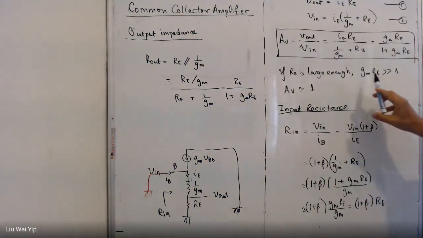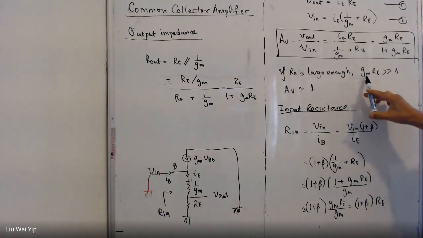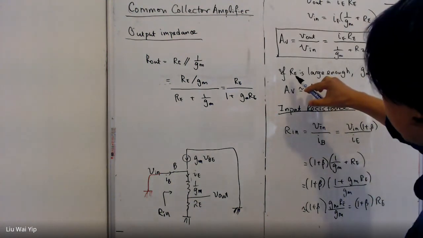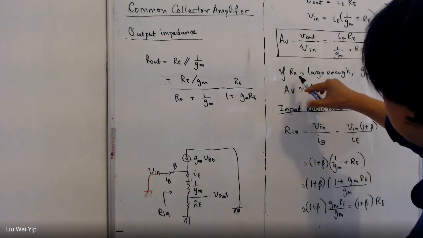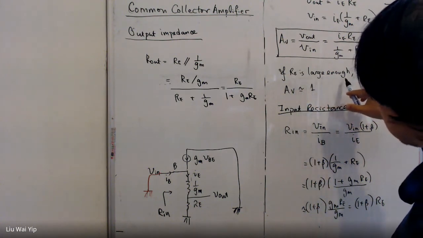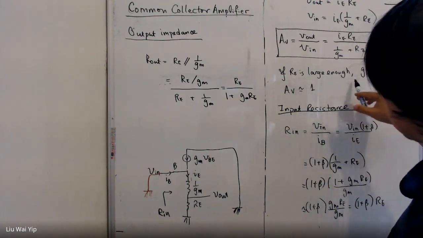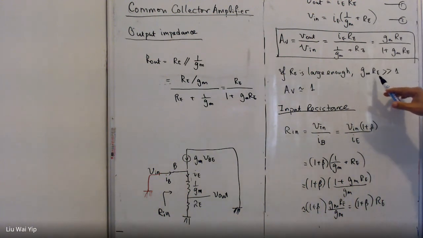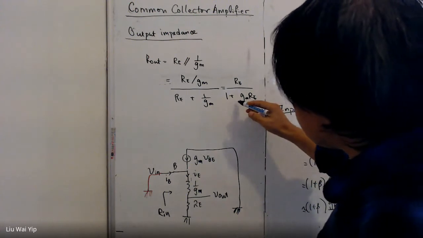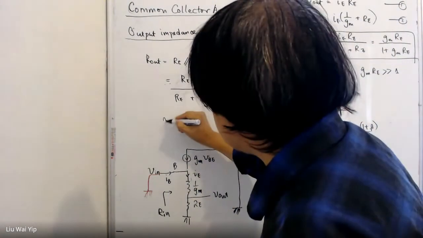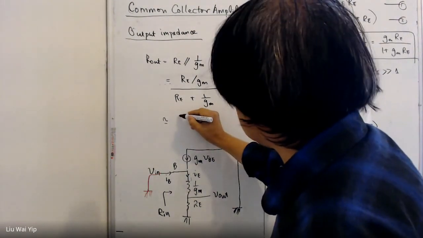And previously, we have already made an assumption. We want the value of the emitter resistance to be as large as possible. So large to an extent that GM times RE is much greater than 1. So in this case, we can approximate the circuit.